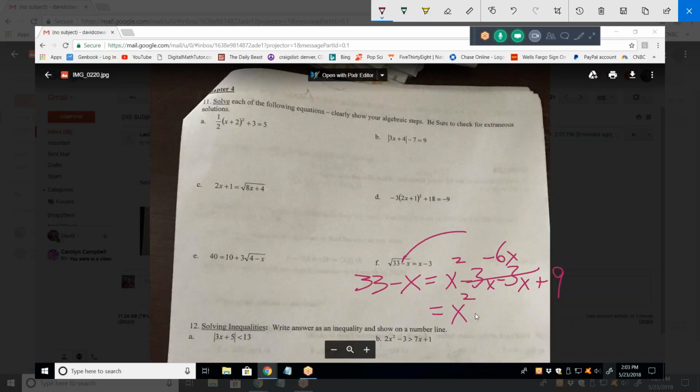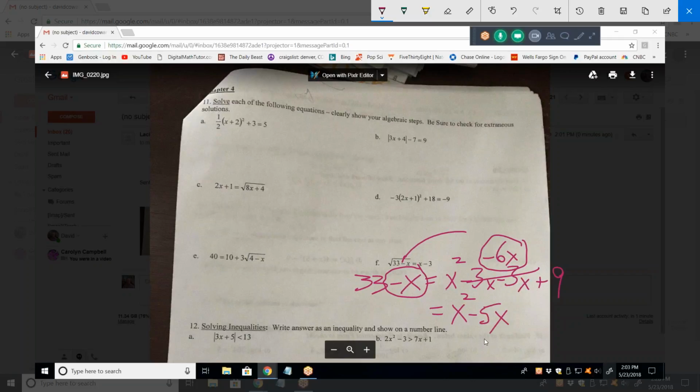x squared minus 6x minus, we're combining all the x's at this point. We've found all the x squareds. Now we're combining the x terms. When I combine the 2 on the right, I got minus 6x. I still got a minus x over here that has to be moved over to the right. Minus 7x.